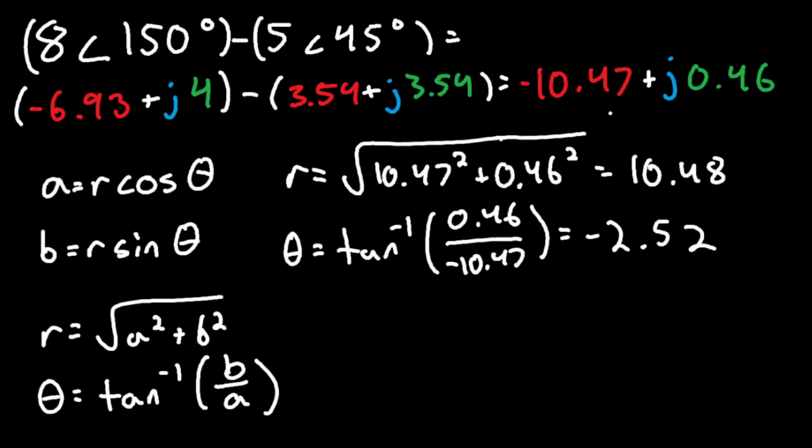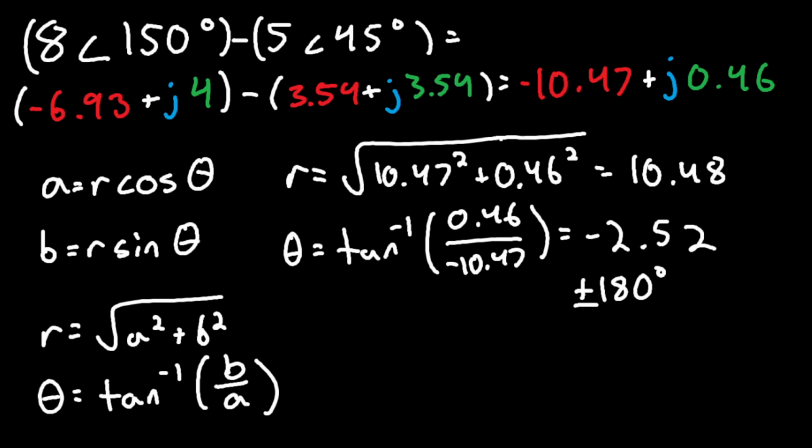Here's the thing though. When you're turning a rectangular form into polar form and you use inverse tangent, you need to look at the real number. This is the imaginary part of the complex number, and this is the real part. If the real part is negative, then you have to add 180 or subtract 180 onto the answer of the inverse tangent.